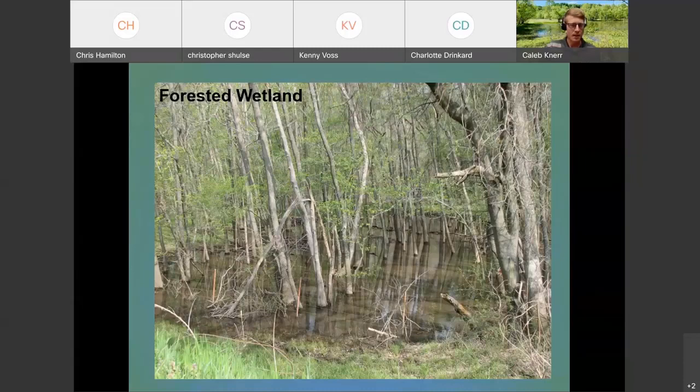Another characteristic is the water stains on the trees themselves. You can tell where the high water mark is on the trees when sediment is deposited on some of those trees within the wetland.